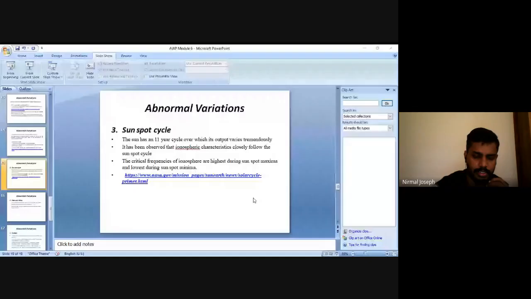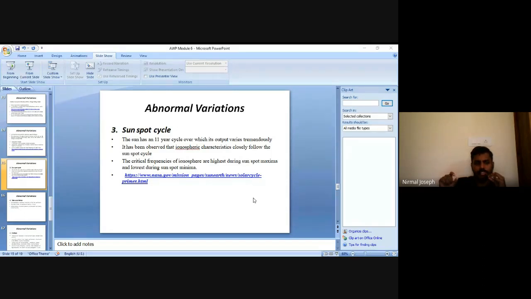That is the sunspot cycle. What is the sunspot cycle? What are sunspots basically? Sunspots are nothing but spots on the face of the sun. There are some black spots on the sun.